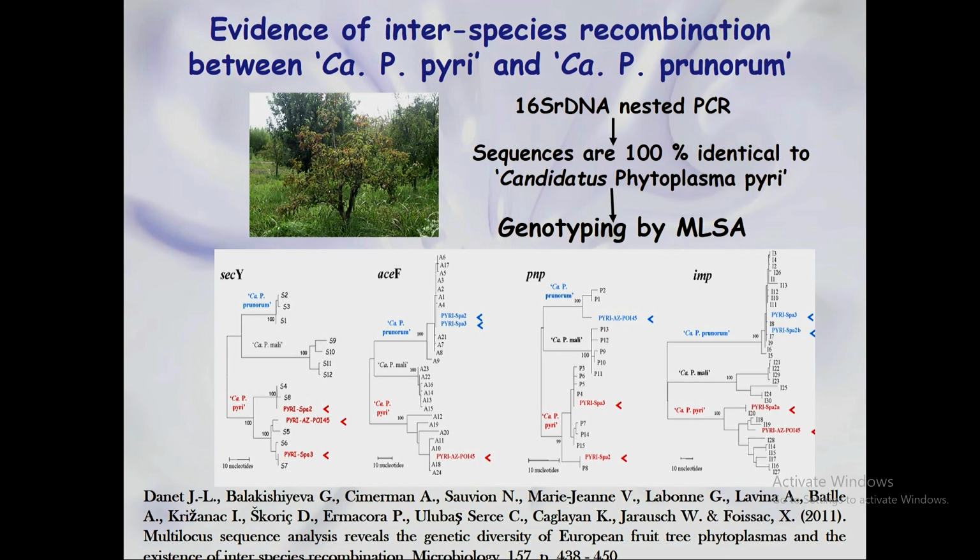So we can suggest that this is an interspecies recombination between Candidatus phytoplasma piri and Candidatus phytoplasma prunorum.